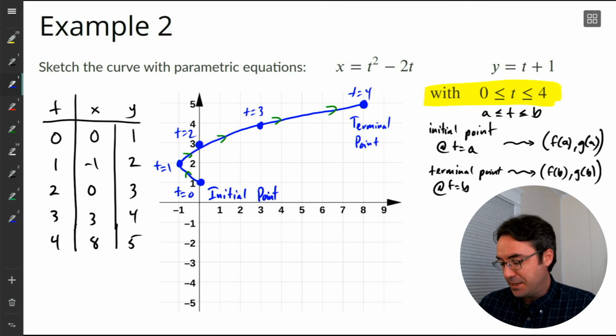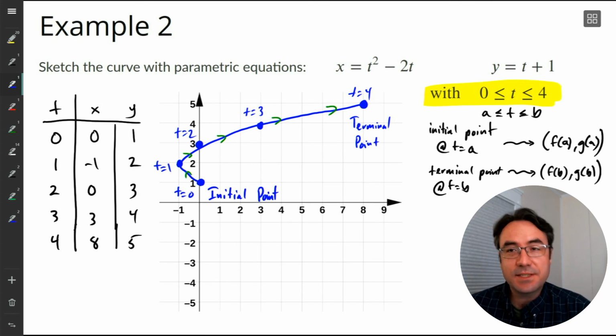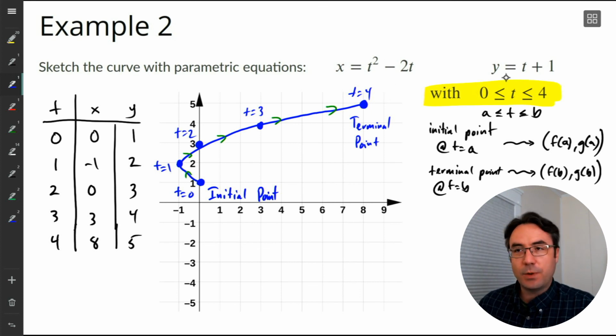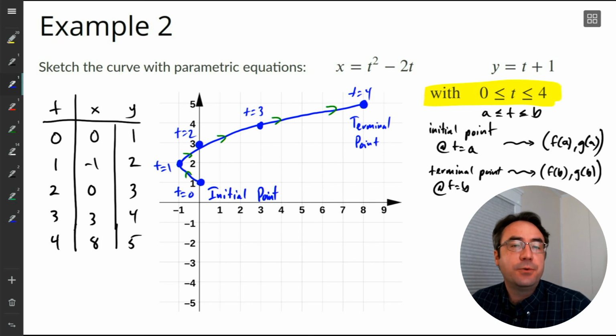In the upcoming lessons, we're going to work a little bit more with these equations to get more practice, but then we'll see how to do some calculus on these parametric curves.